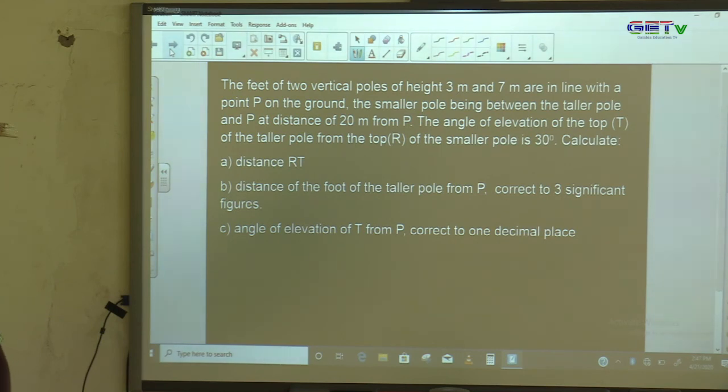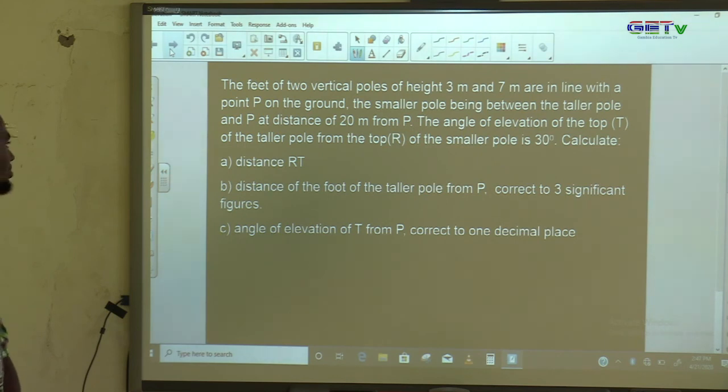Calculate A, distance RT. B, distance of the foot of the taller pole from P, correct to 3 significant figures. C, angle of elevation of T from P, correct to 1 decimal place.